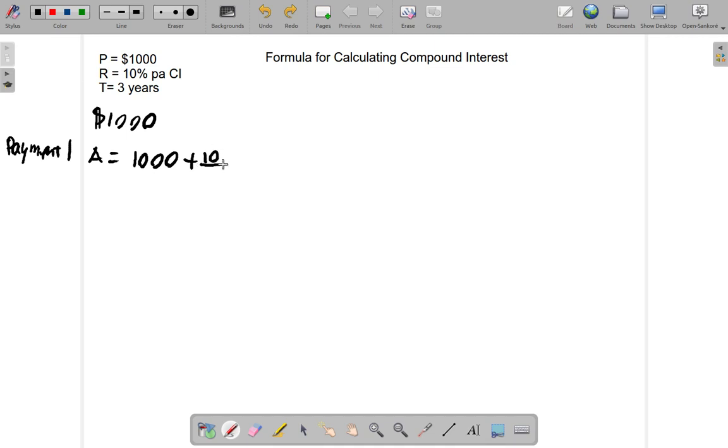Calculate your interest, 10% of your $1,000, and that's $100. Good. Now you would end up with 1,000 plus 100, which is $1,100. Nice.